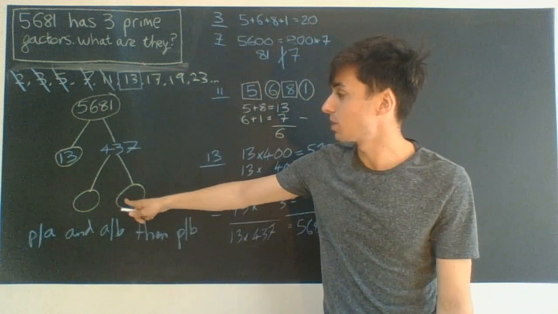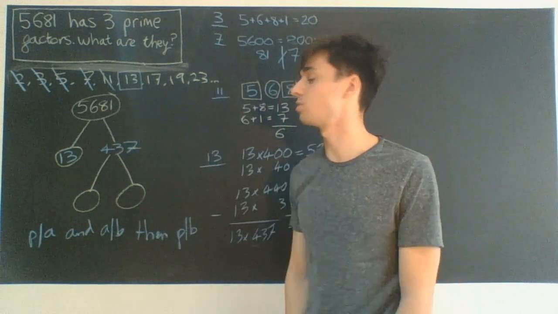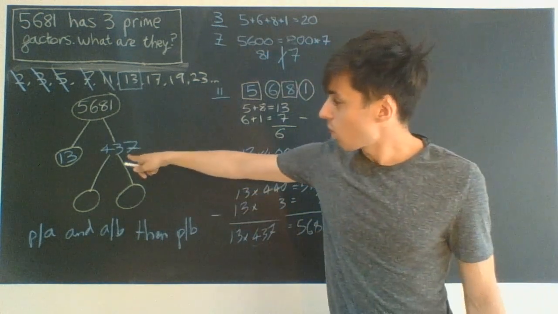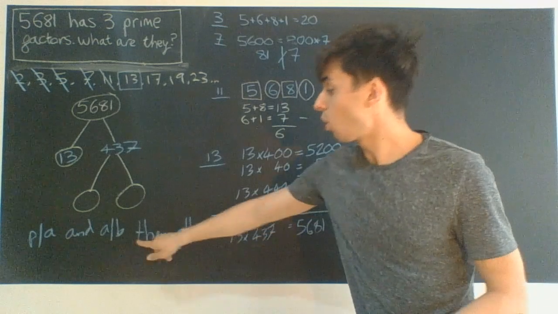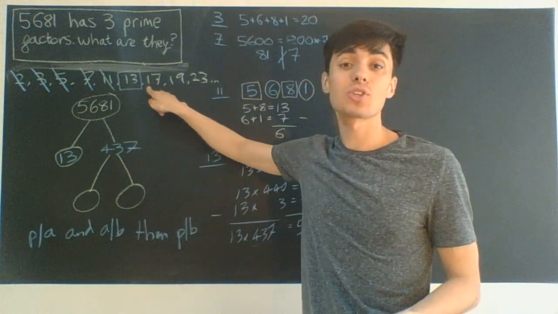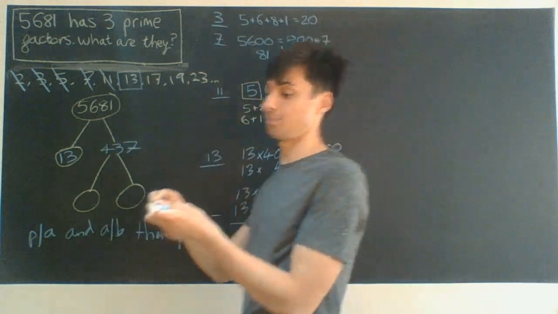So any prime that divides this number must also divide that number. Okay then, let's work with 437, and because of this idea we can skip the prime numbers we've already tried and just start from 17 and carry on there.